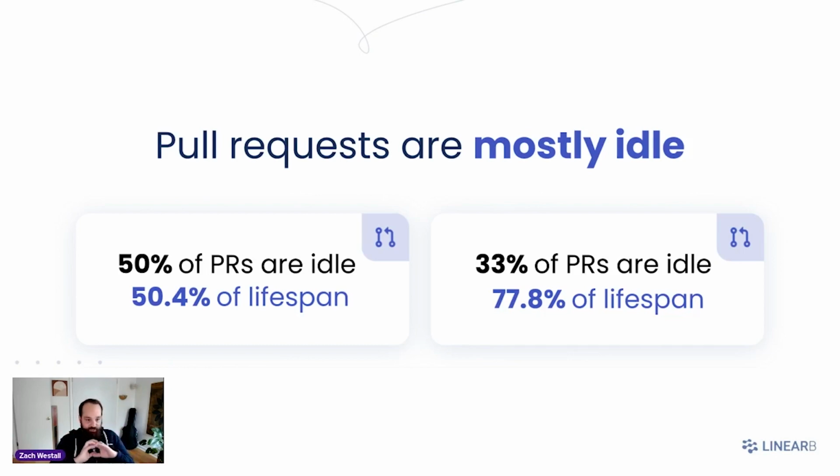So sitting there, doing nothing, not being worked on by anyone, just taking up time, not moving, not helping anybody, not moving the needle, not impacting DORA metrics, not impacting the business. 33% of pull requests are idle for nearly 20% of their lifespan, just again, sitting there, not doing anything. So that is a big, big bottleneck, idle time on pull requests.